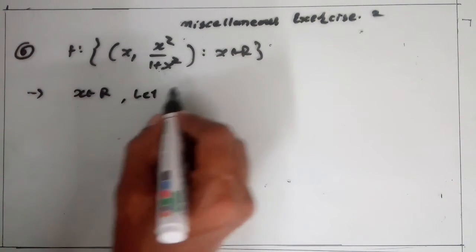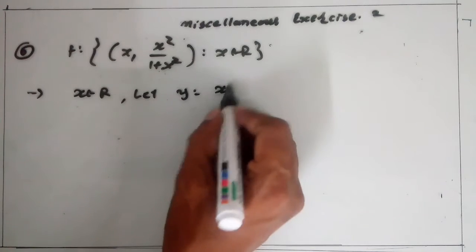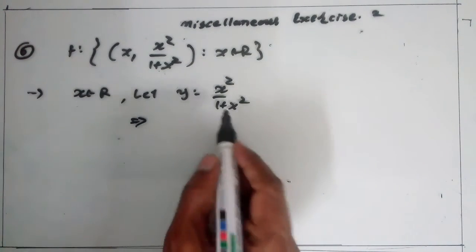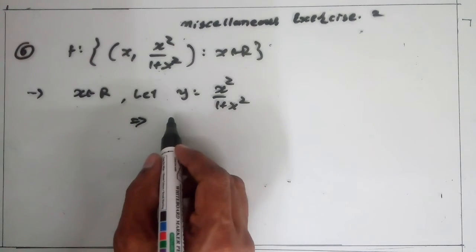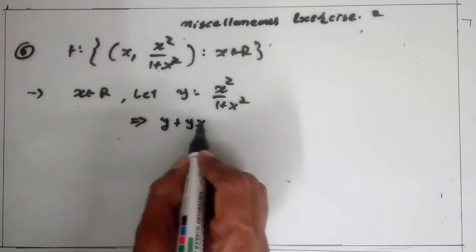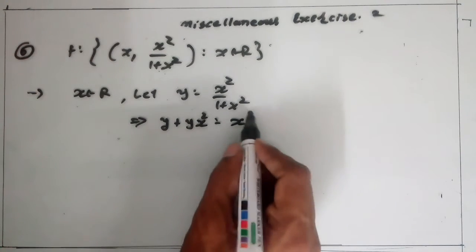So let y is equal to x square upon 1 plus x square. Multiplying by 1 plus x square, we get y plus y x square is equal to x square. Clear?